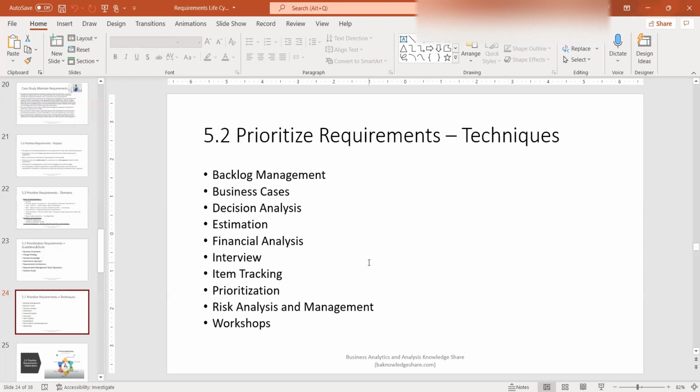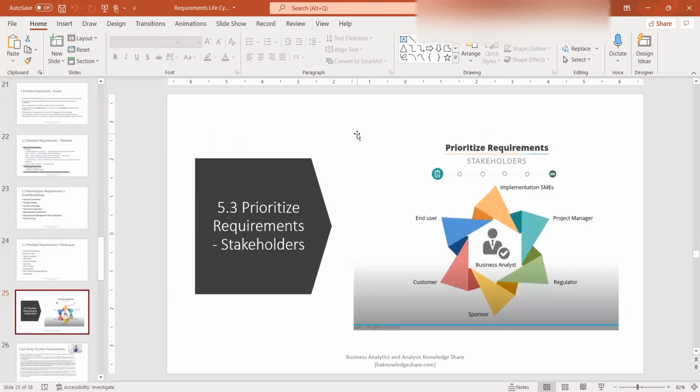And workshops in general, to understand as a group what this requirement means and how you go about merging it with the existing product. So that's an important tool. In terms of the users or stakeholders you want to engage: the implementation SMEs, your project manager, your regulator, your sponsor, your customer, and your end user.